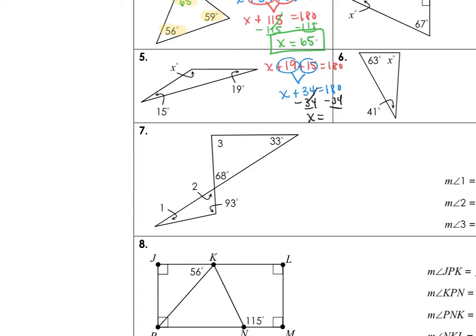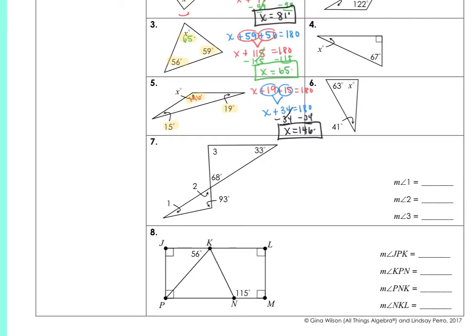So 180 minus 34 is 146 degrees. Remember, 146 is an obtuse angle, so you can kind of check your work like that as well. The angles here are 15 degrees, 146 degrees, and 19 degrees, which all add up to 180.